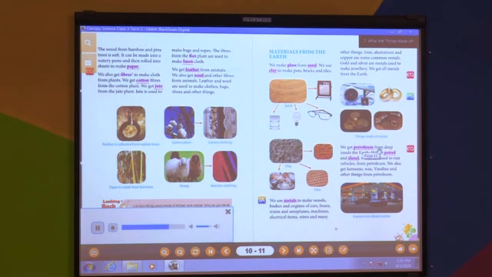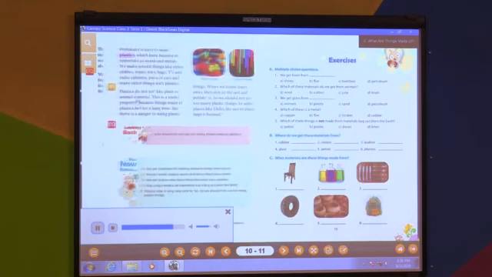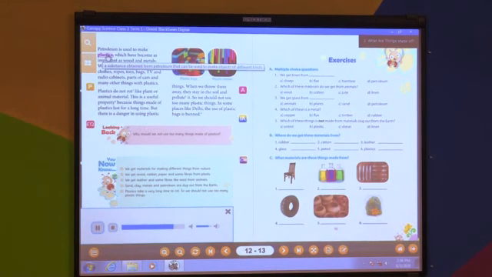We get petroleum from deep inside the earth. We get petrol and diesel, which are used to run vehicles, from petroleum. We also get kerosene, wax, Vaseline, and other things from petroleum. Petroleum is used to make plastics, which have become as important as wood and metals.